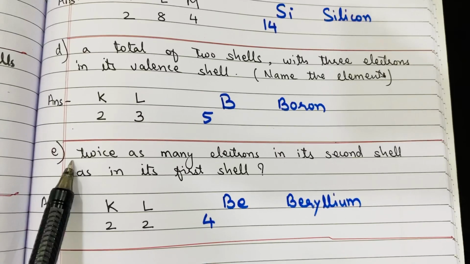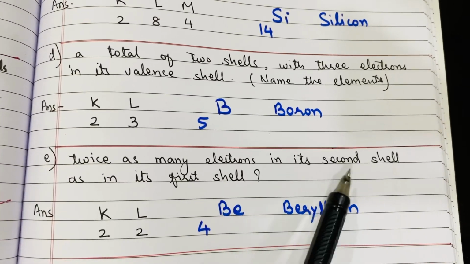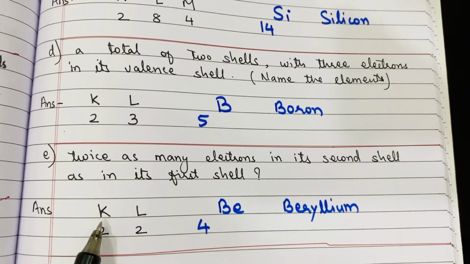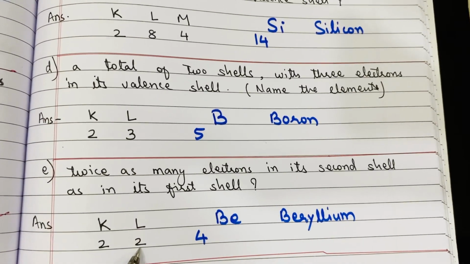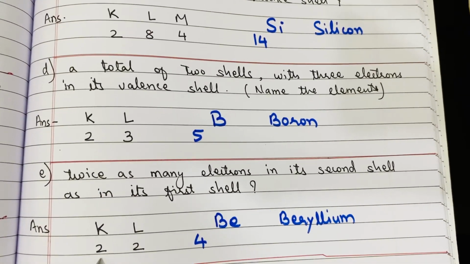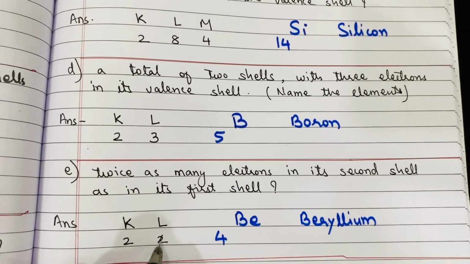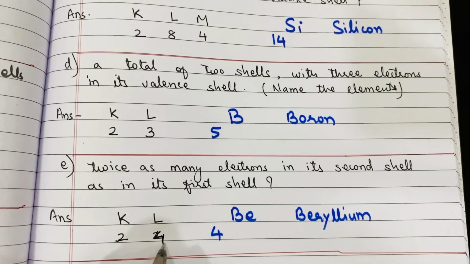Next question: name an element which has twice as many electrons in its second shell as in the first shell. So which is this element? There are 2 shells. It has twice as many electrons in the second shell as in the first shell. Twice means the L shell should have 4 electrons, so 2, 4.